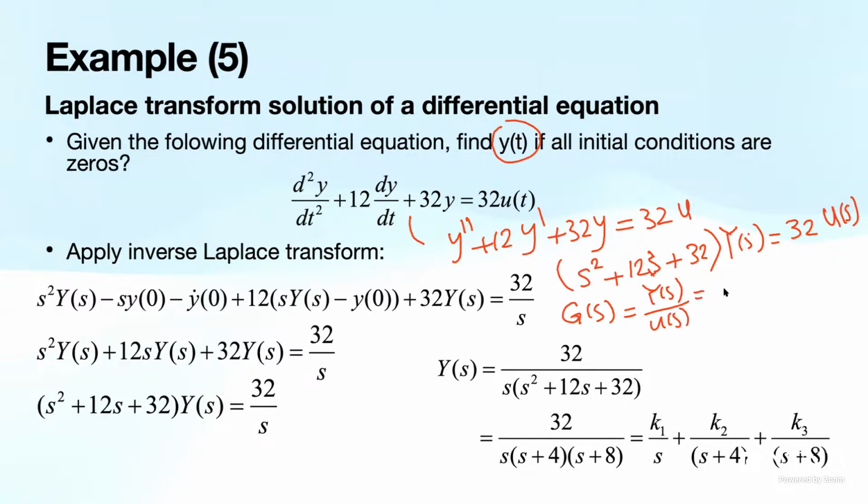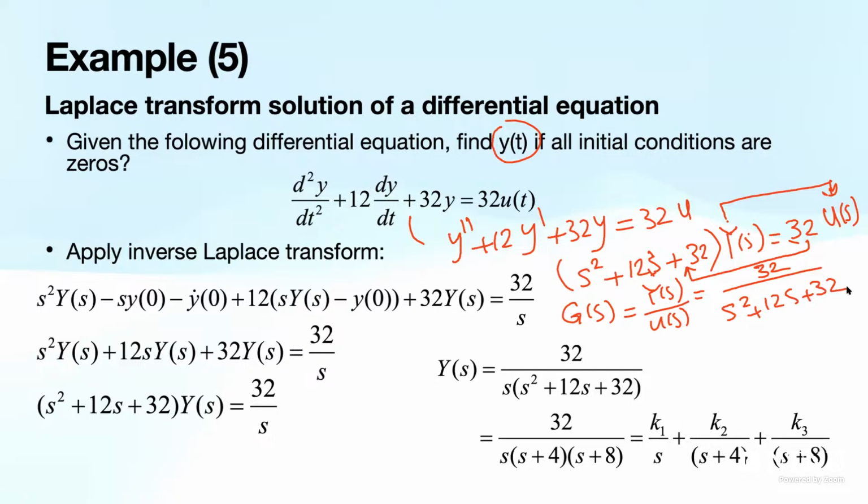Look, u of s is the coefficient on the other side, so you go in the opposite direction. I need y of s divided by u of s, so it will equal 32 divided by that part. So it will be 32 divided by s squared plus 12s plus 32.